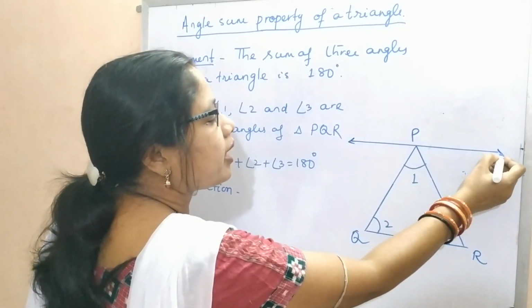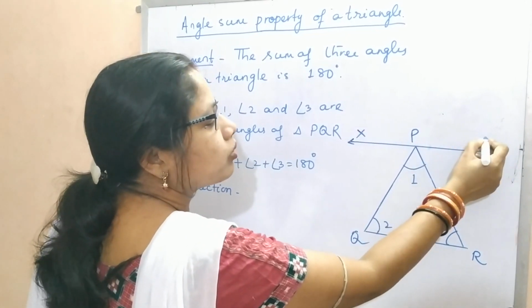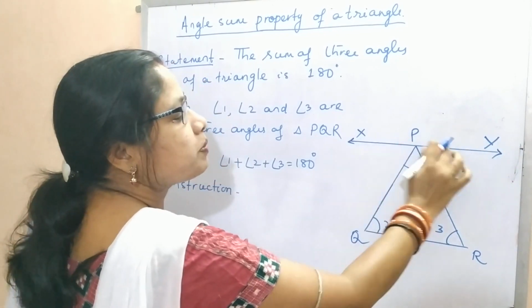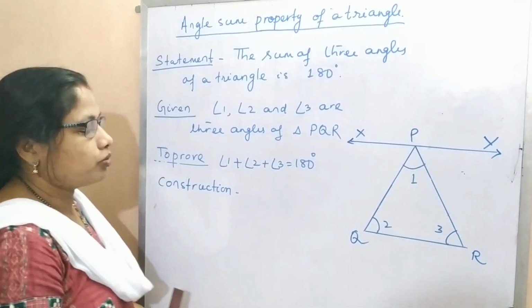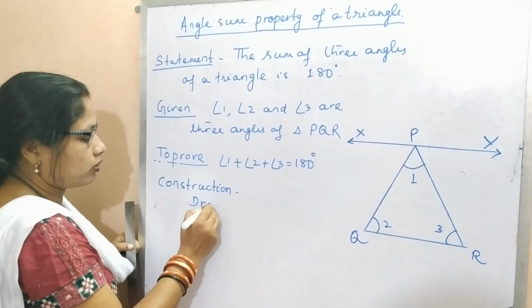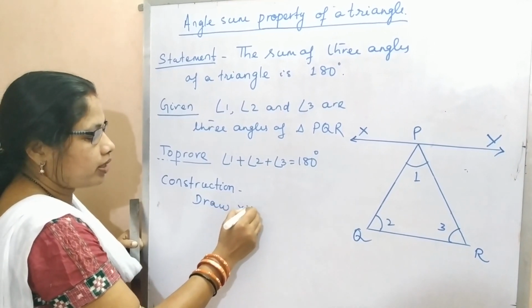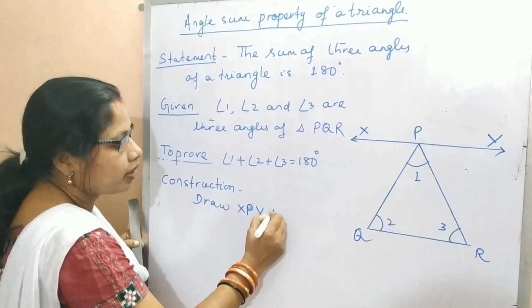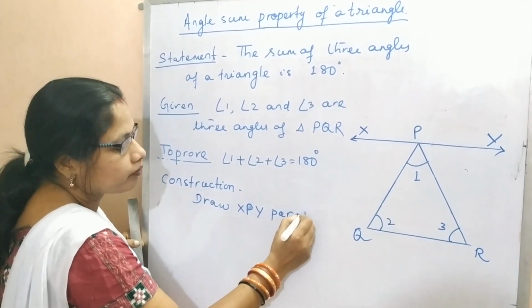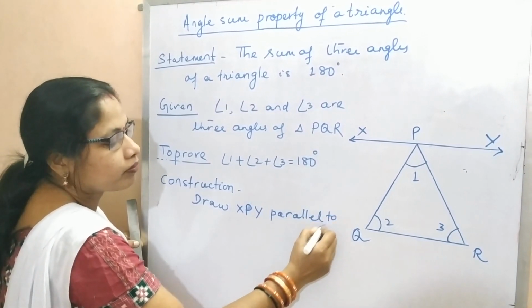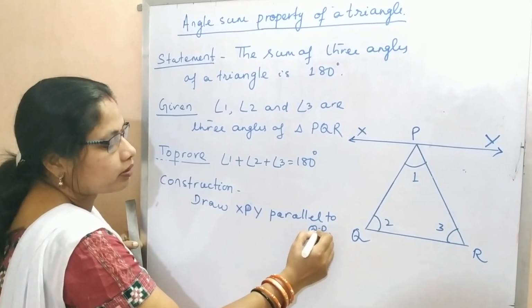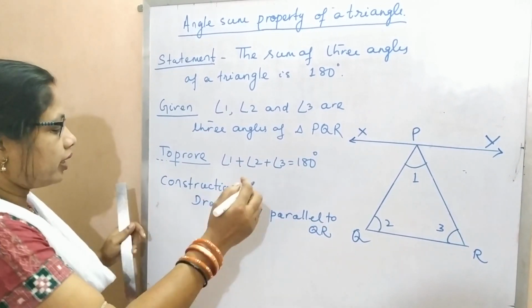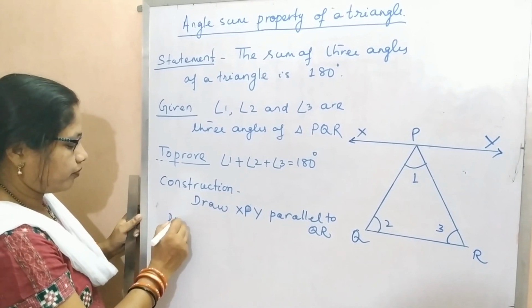So this is the line XPY, parallel to QR. You write XPY parallel to QR. So then next step is proof.